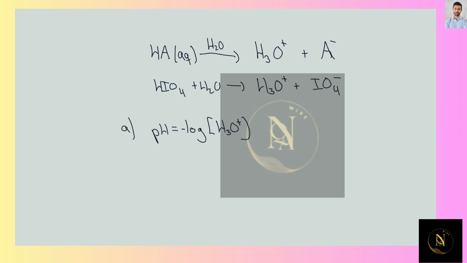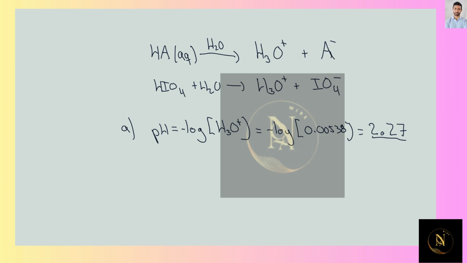But for those cases, that concentration is the same as the concentration of the acid. So for A, the pH is the minus logarithm of 0.00538, which gives us 2.27.